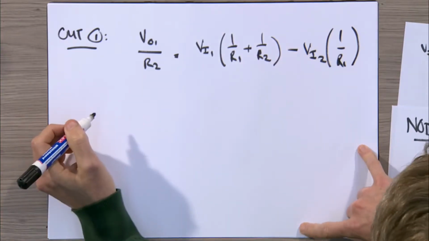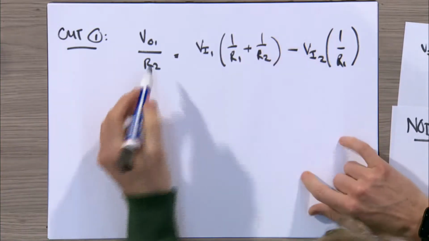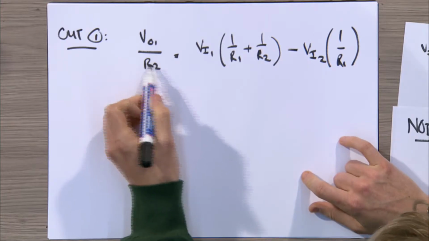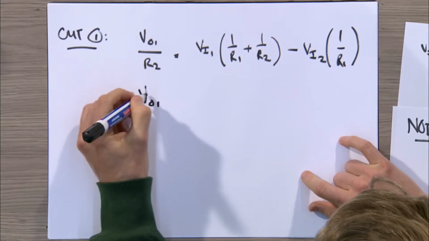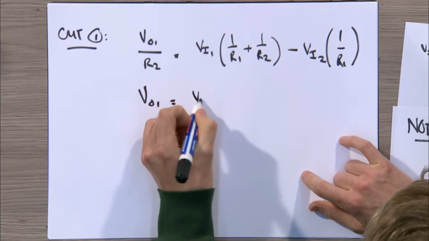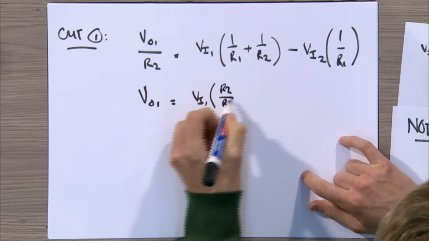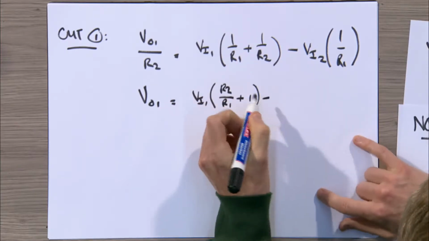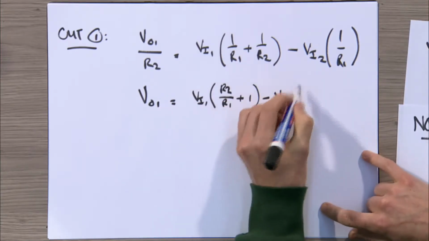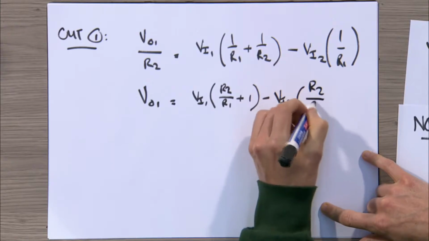Multiply up with the R2, so that gives us Vout1 equals Vi1 times (R2 divided by R1 plus 1) minus Vi2 times R2 divided by R1.